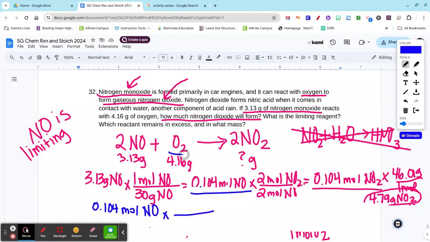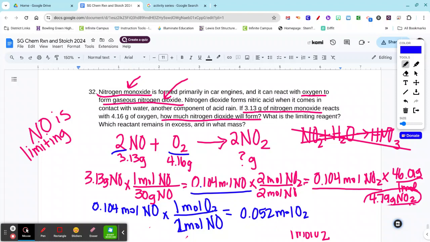And so remember, this time I'm going to O2. So I have 1 mole, just kidding, it's 2. 2 moles of NO up here for every 1 mole of O2. So I'm going to divide that by 2, and I get 0.052 moles of O2.